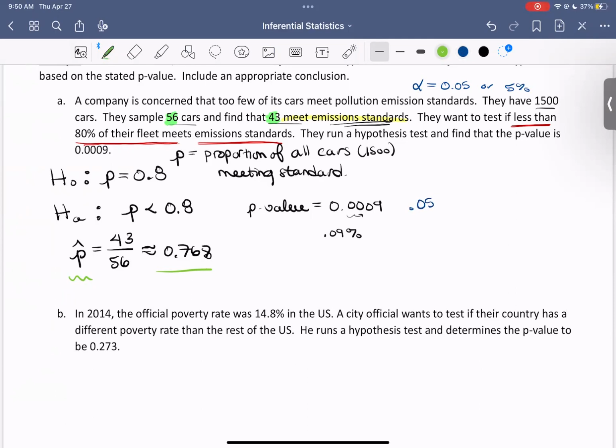We see it's for sure smaller. That p-value is smaller than alpha. So the p-value is so small, it's smaller than alpha. So what do we do? We reject H0, and we can even say there's evidence for the alternative.